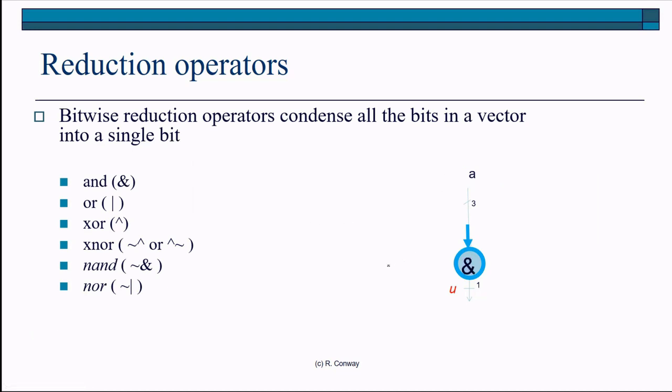Let's take one more example, this time using the reduction AND operator. If we've got &A in our code, let's say with 3 bits, 0, 1, 1. In this case, the 3 bits are ANDed together, and you can see that that's going to yield the value 0.